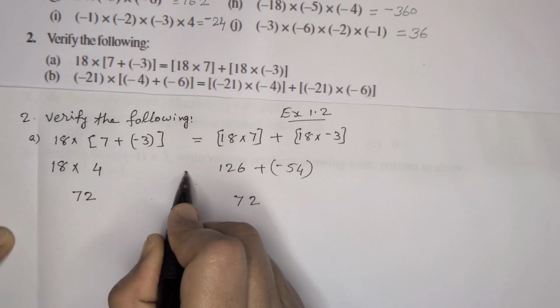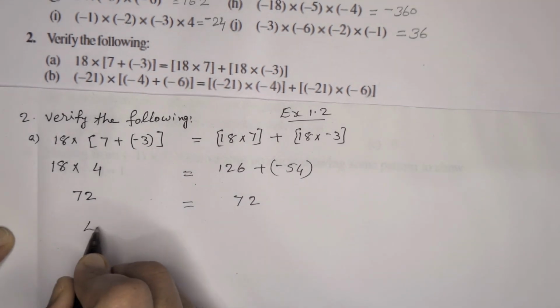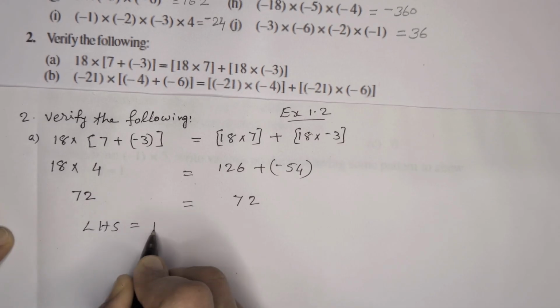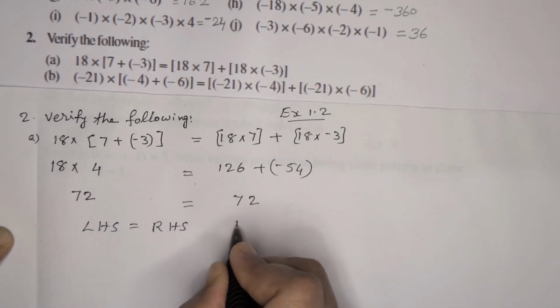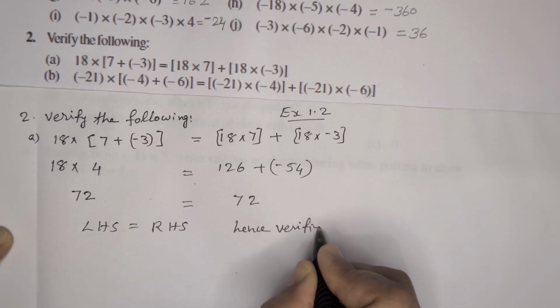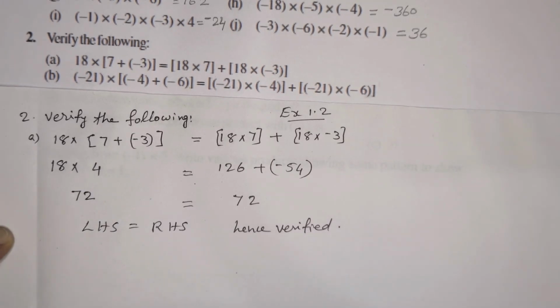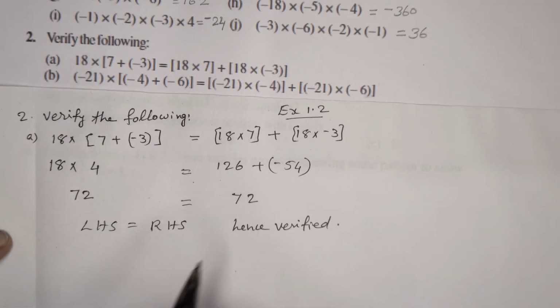So we can say both the sides are the same. LHS is equal to RHS. So hence verified. Both ways, we are getting the same answer.